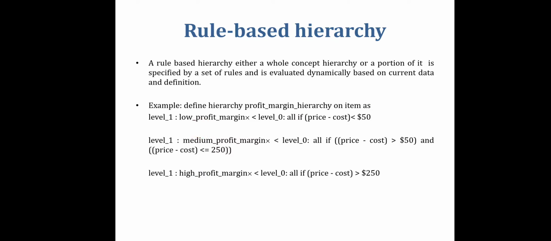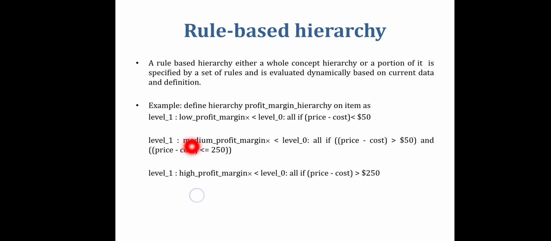Then another example: here level 1 shows a medium profit margin. With that, level 0 shows that if your price cost is greater than $50 and less than or equal to $250, meaning whenever your price cost is between $50 and $250, then your profit margin is medium.